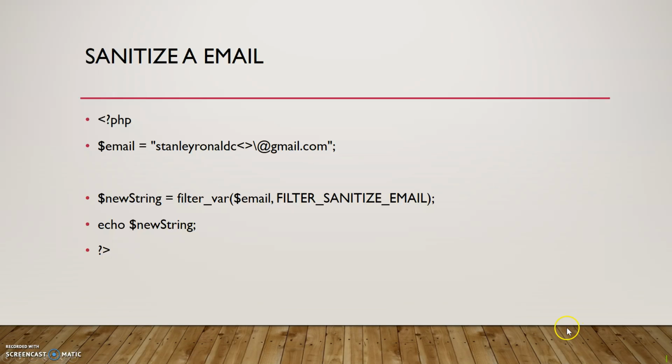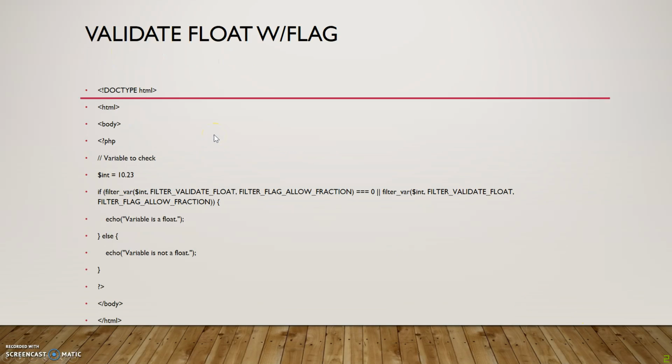We'll pull up our presentation here, and lastly we're going to validate a float with a flag. There are not a lot of examples I can find of validations with flags. It's more often with sanitizing, filter sanitizing versus filter validating.